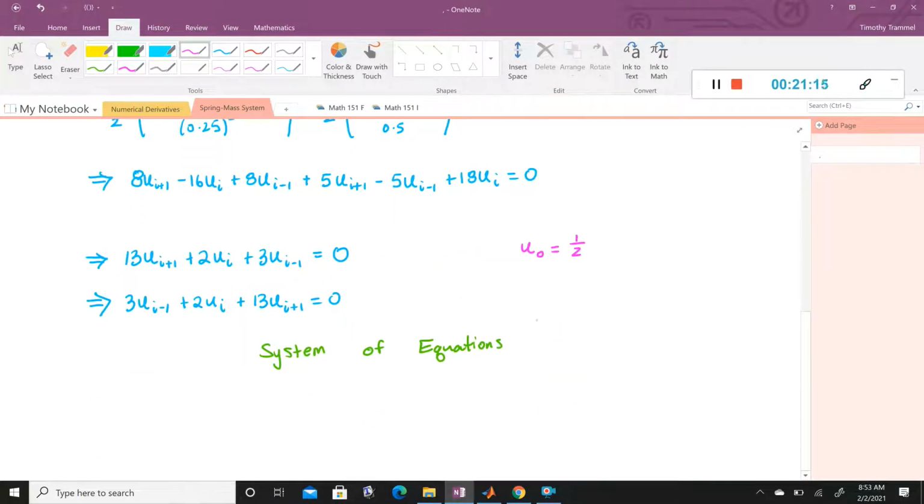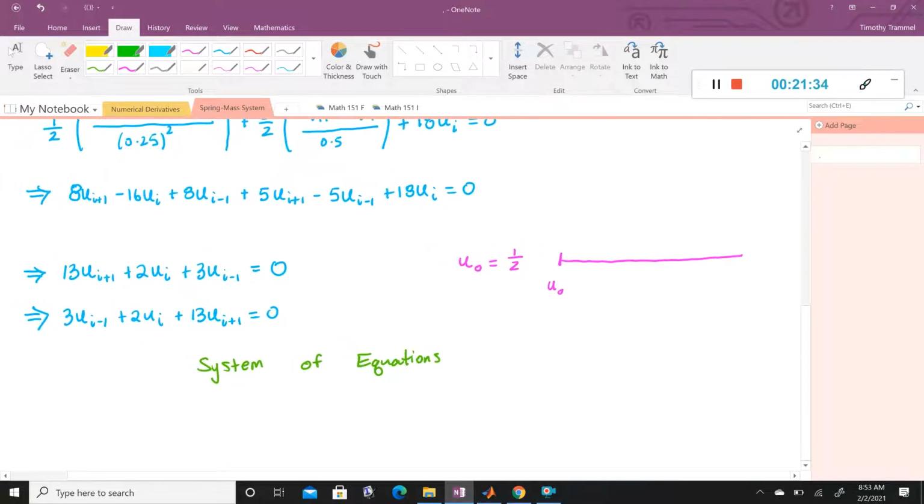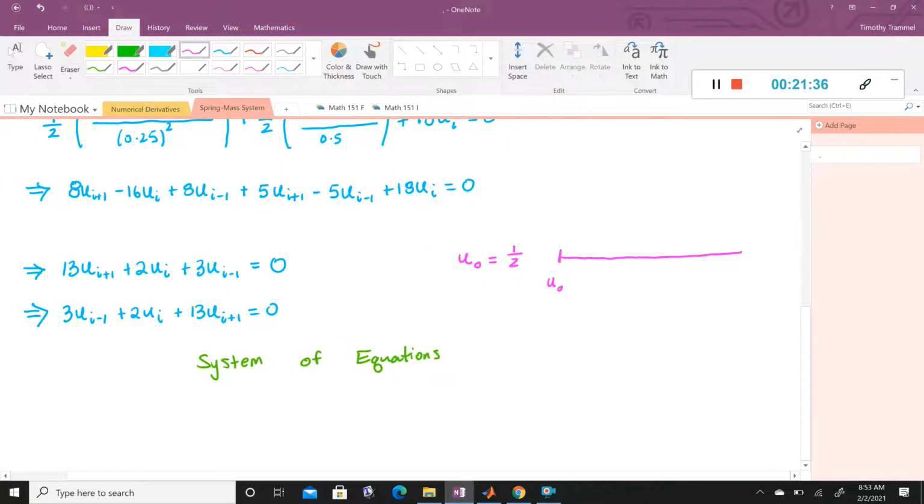And let's try to think about, well, how many u's are we going to actually wind up with here? So if this is u naught, which is at a t value of 0, let me actually write that up here.